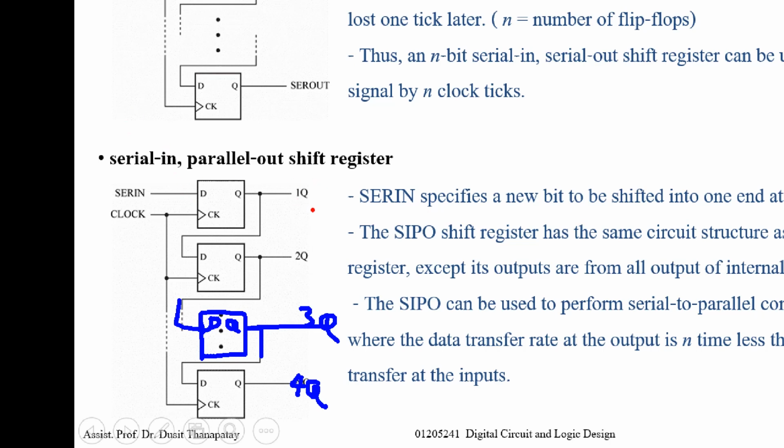If at the beginning the value is unspecified, and the value A is applied at serial in at this flip-flop, when the clock ticks, it reads A and updates to here, right? So it becomes A here, and the rest are unspecified.